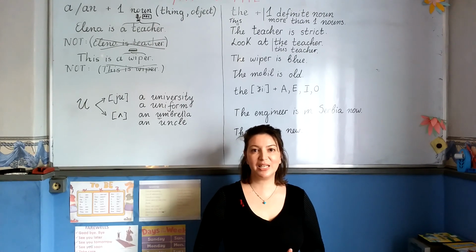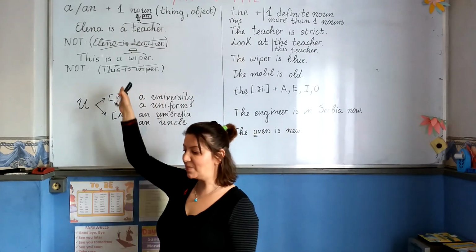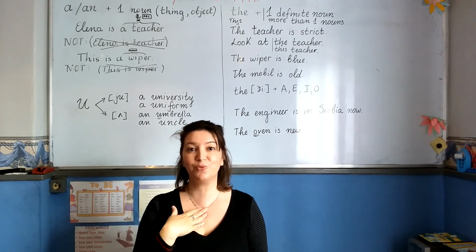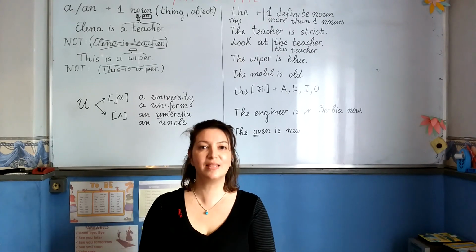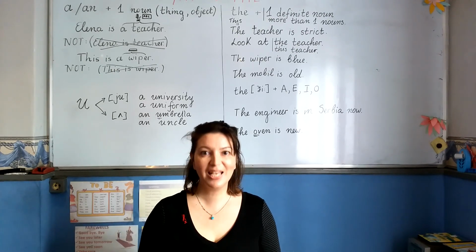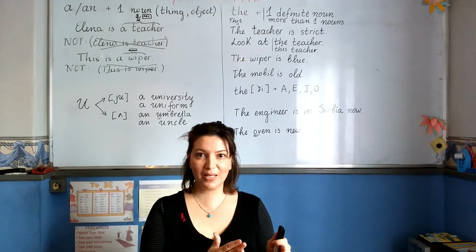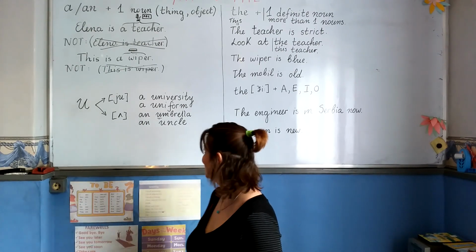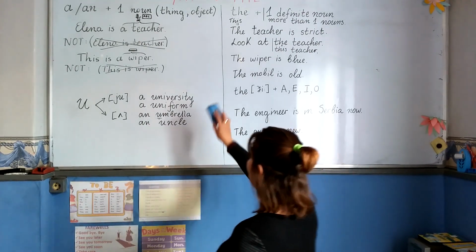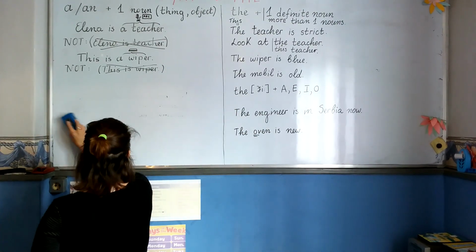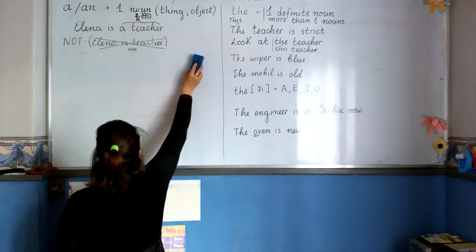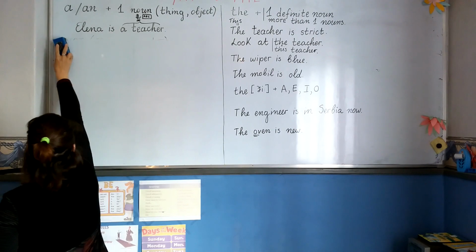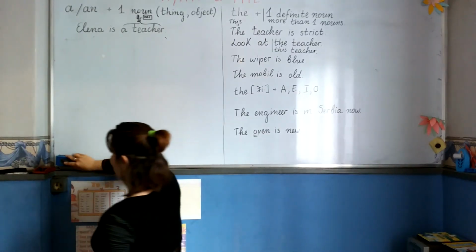Now what I want to do is to write some sentences, so that I will enable you to put a, an or the. You have to choose between a, an and the, the indefinite or the definite article in English. I'm going to clean the whiteboard again. And I'm going to put down a few sentences.